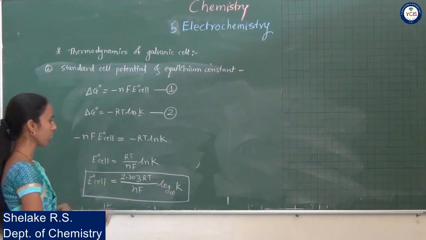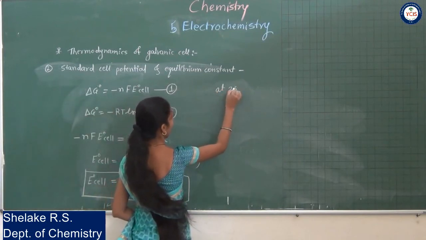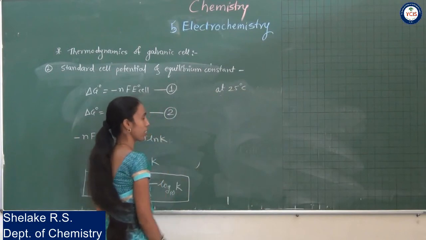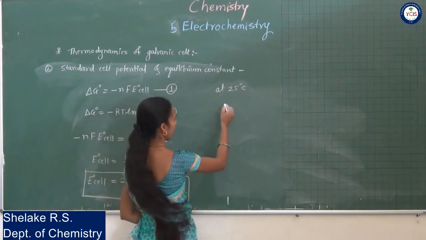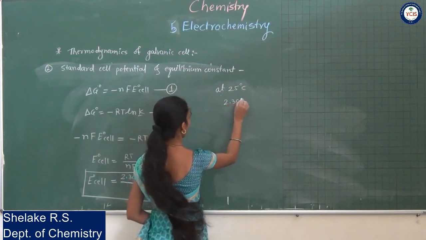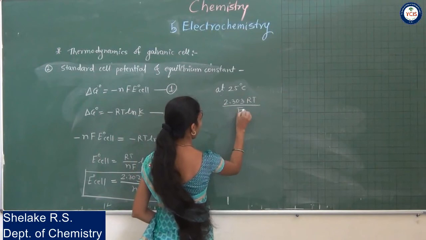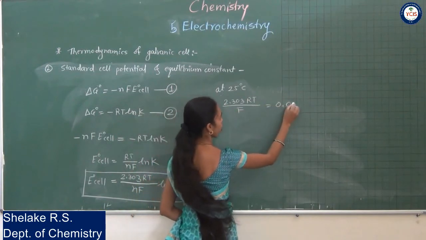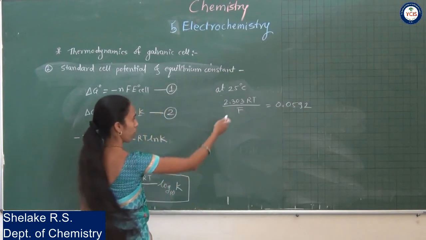Now this equation, suppose you have to write for the standard temperature 25 degrees Celsius किंवा या टेम्परेचर साठी तुम्हाला हे इक्वेशन लिहायचं असेल तर आता आपण बघितलेलं आहे 2.303 RT divided by F त्याची व्हॅल्यू किती असते 0.0592. Okay, now only we have taken this.